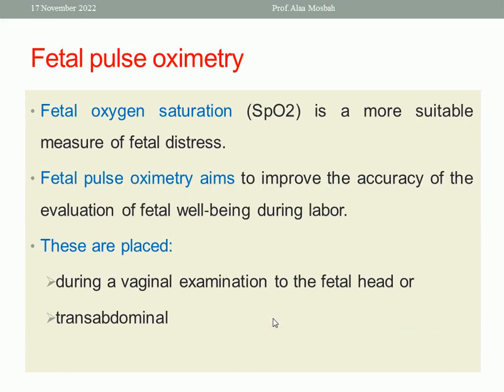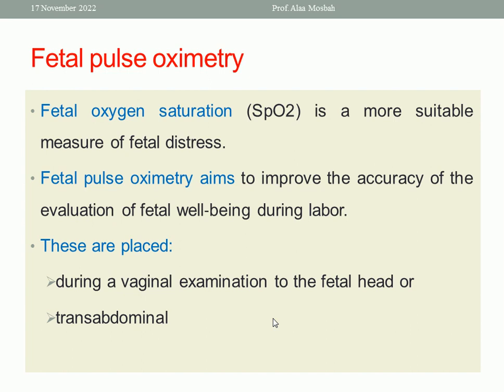Okay, we finished now 3 items: the biophysical profile, the intrapartum fetal heart rate monitoring with CTG, then the fetal scalp pH, and lastly, we have the fetal pulse oximetry.